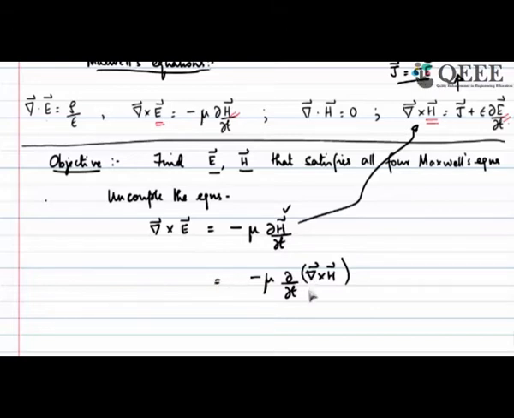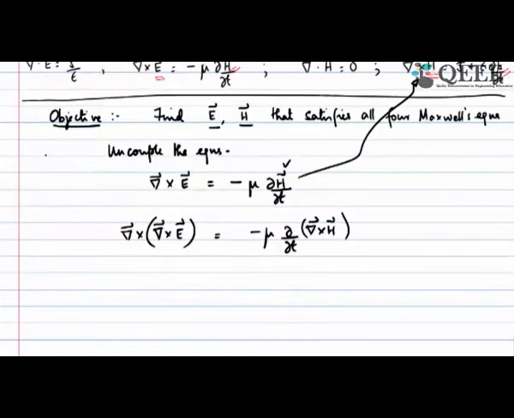So I can get everything in terms of E. But the moment I have curled the right hand side, it means that I have to curl the left hand side also, so that everything is balanced. Which is why we take curl of E, so that I get minus mu curl of del H by del t. Del is a space variation, this is a time variation.